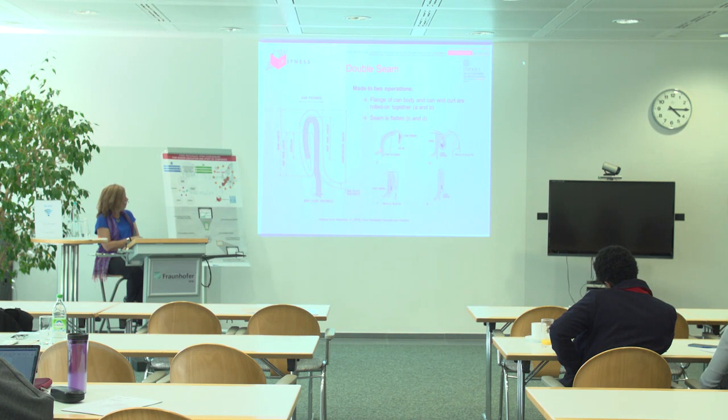So we have the flange of the can body that comes in contact with the can end. We have here the gasket, and then everything is rolled together and then compressed into the final shape.